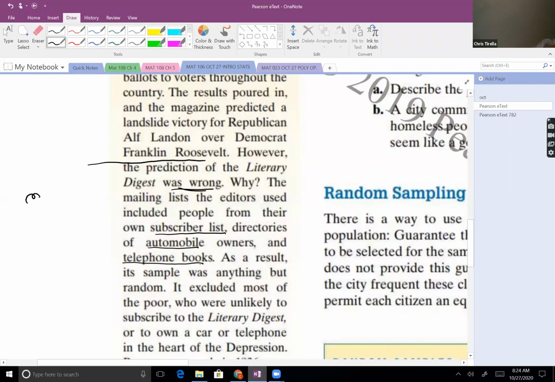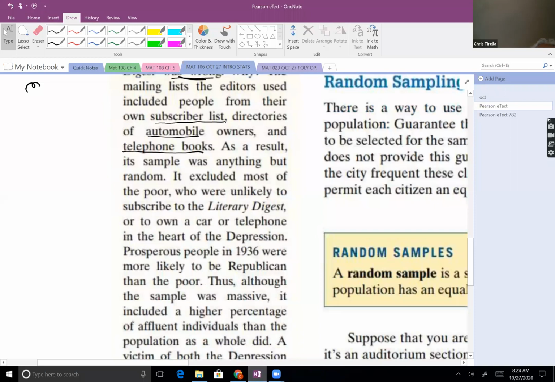Think about 1936 as being during the Depression, the average person couldn't afford a magazine subscription or a car or a phone. And so they were only sampling from a small fraction of the society and not at all the average American. And so that idea of sampling the wrong people gives you very skewed results.